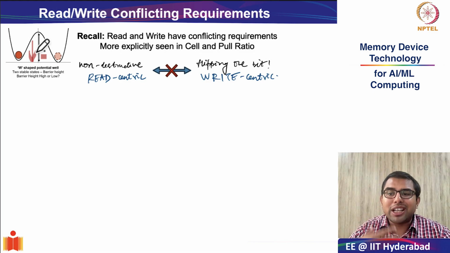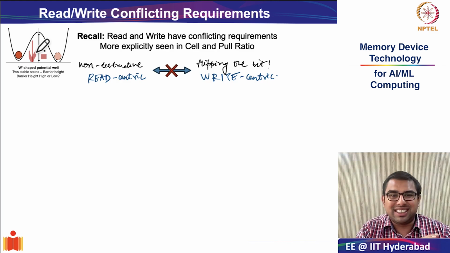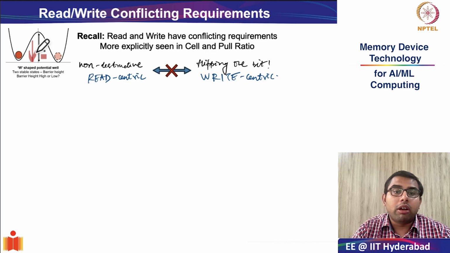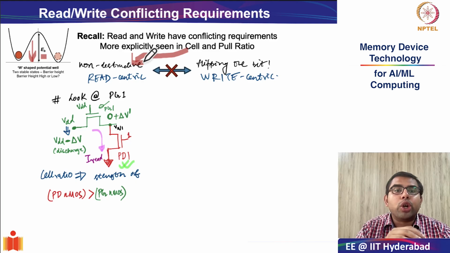Now, whatever I am explaining intuitively in words can be very easily explained from the perspective of the SRAM cell when you look at the design perspective. And if you look at the competing requirements for cell ratio and pull ratio, things become very clear. Remember, the cell ratio was introduced to make sure that your read operation is inherently non-destructive.